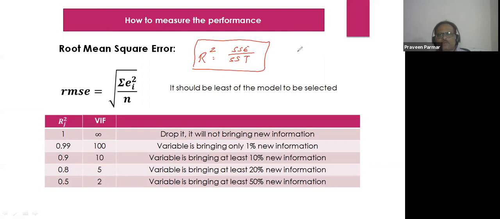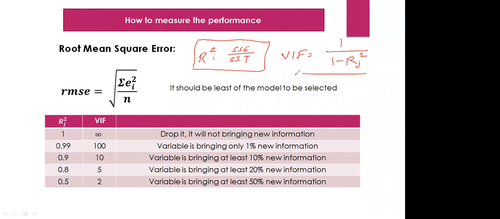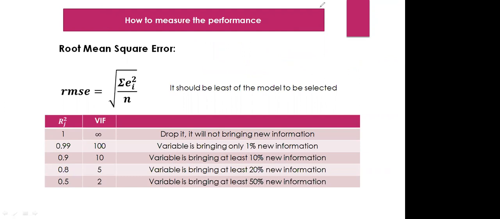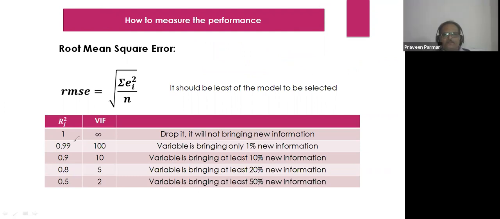So it is Rj square, and VIF is 1 over 1 minus Rj square. That is our VIF. I'll show you the VIF formula also. Just a moment, I remove this.